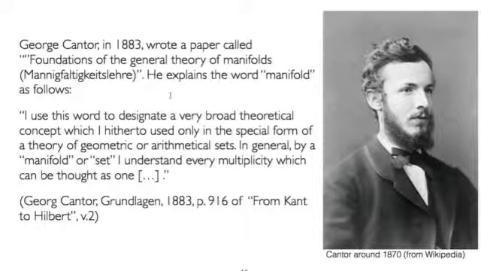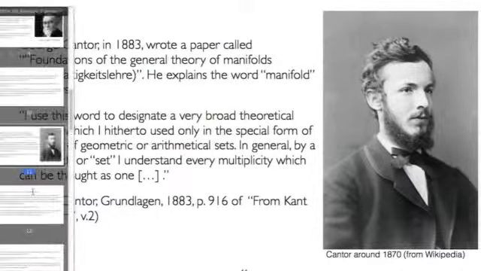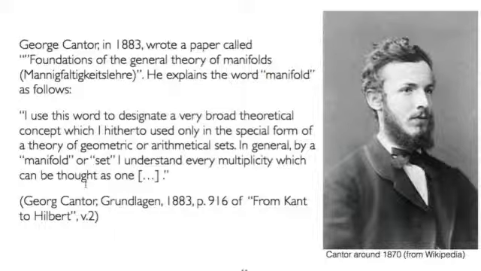So I use this word to designate a very broad theoretical concept which I hitherto used only in the special form of a theory of geometric or arithmetical sets. In general, by a manifold or set, I understand every multiplicity which can be thought of as one.